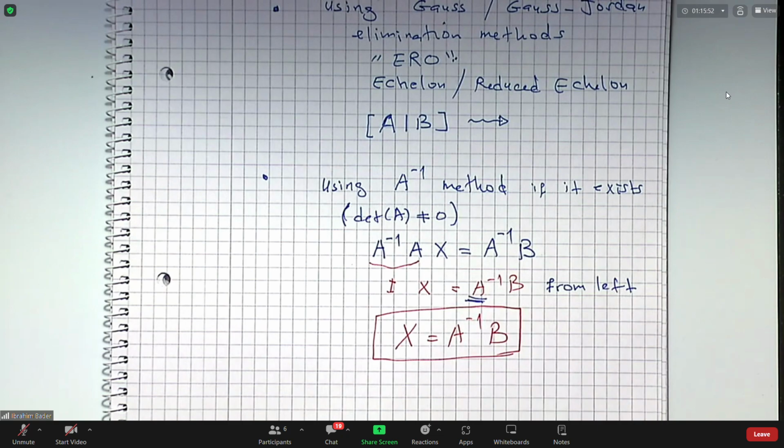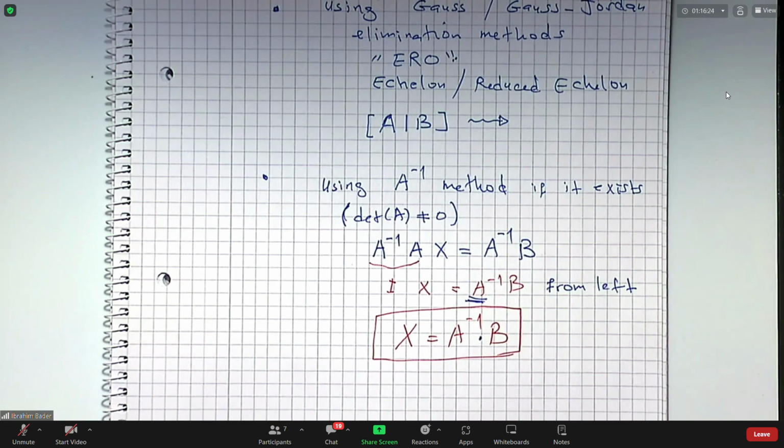This is important because we saw that multiplication of matrices is not commutative. That means A multiplied by B is not equal to B multiplied by A. In fact, sometimes A times B is defined and B times A is not only not equal, it's not defined at all. This could happen.